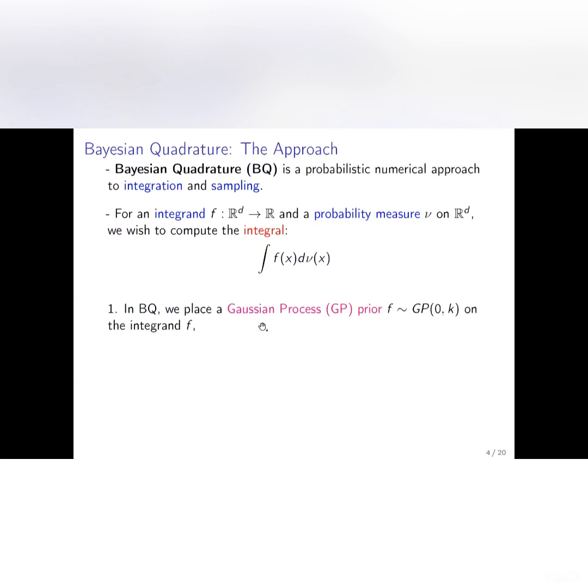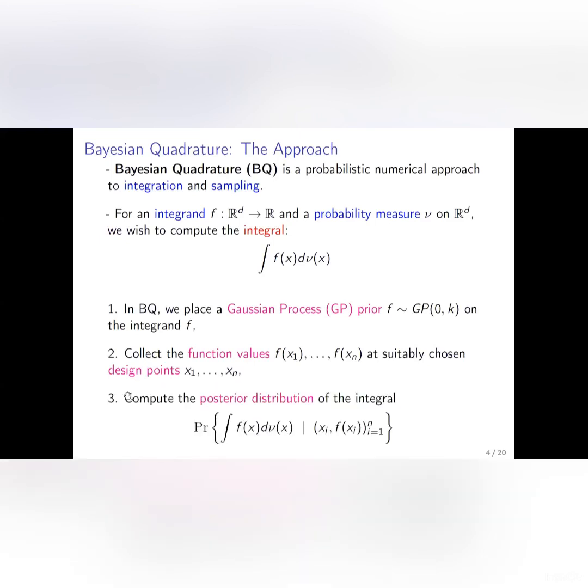What we do in Bayesian quadrature is that we first place a Gaussian process prior on the integrand, where k is a covariance kernel that you specify yourself. Then you collect the function values evaluated at the design points, which you also design.